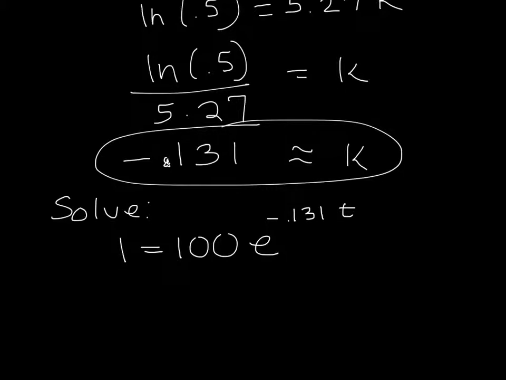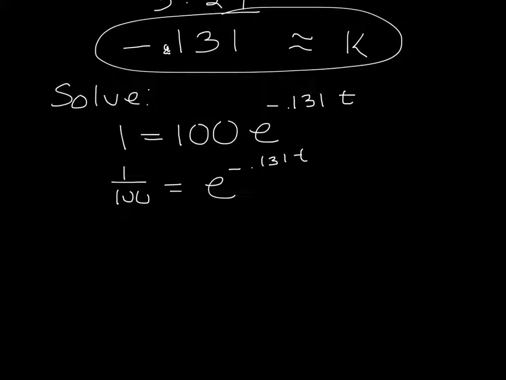Now let's solve for t. We can divide 100 from both sides, so we have 1 over 100 equals e raised to the negative 0.131t. Then I can take the natural log of both sides.